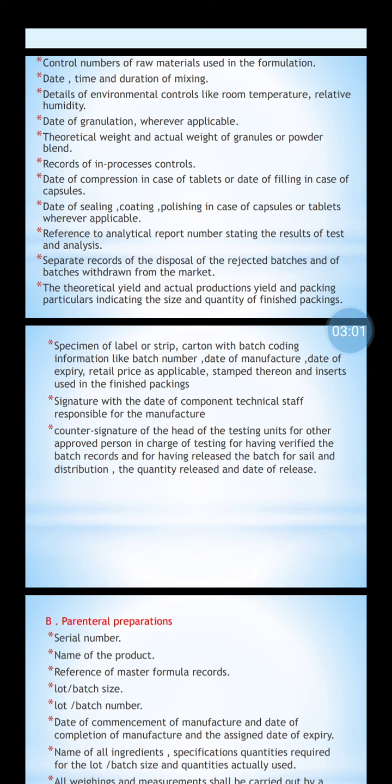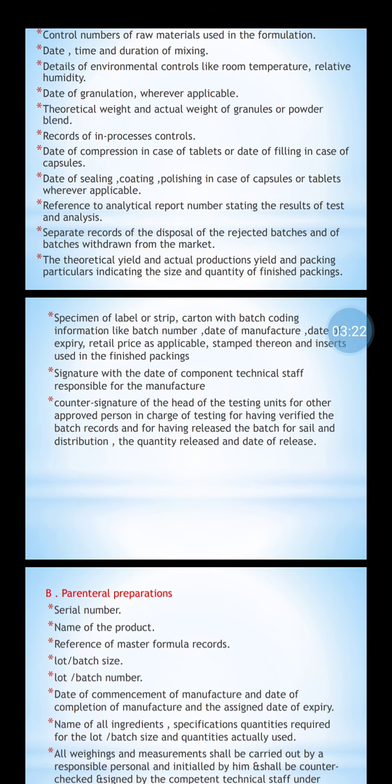The next, specimen of labels, strips, cartons with batch coding information like batch number, date of manufacture, date of expiry, details of price if applicable, stamp thereon, and inserts used in the finished packing.